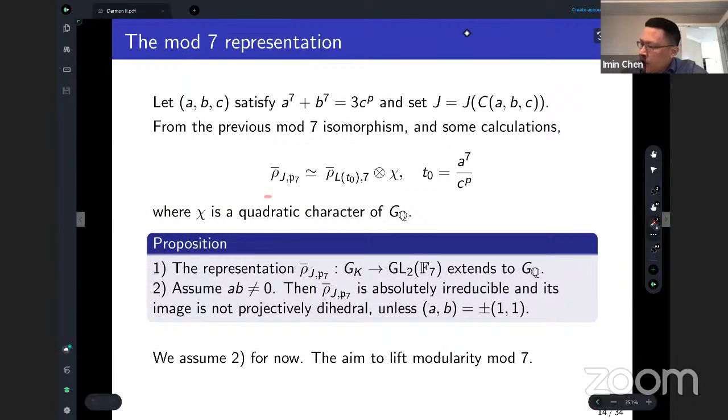So this is just restating that coincidence that the mod p representation of Kraus's Frey abelian variety coincides with that of the Legendre curve.